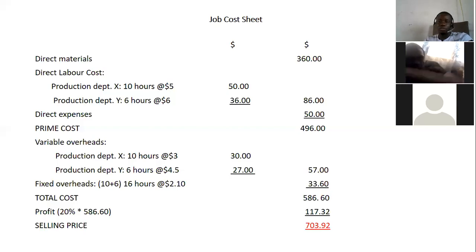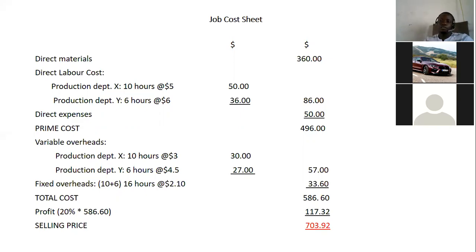Now we multiply 16 hours by our $2.10. When that is done, we get a total of 33.60. So now we have found our fixed overhead cost.